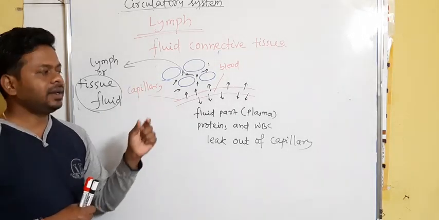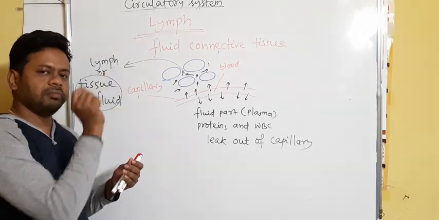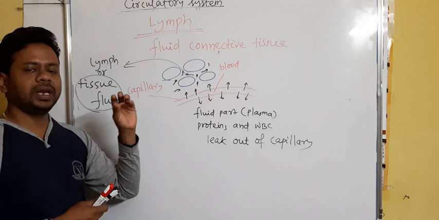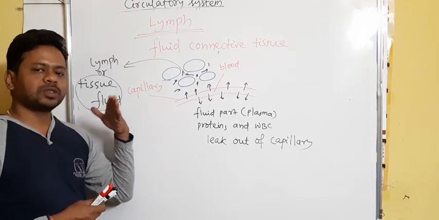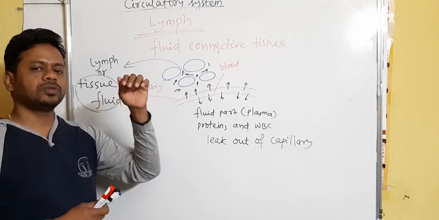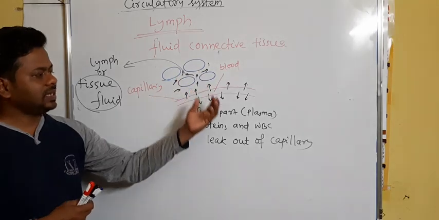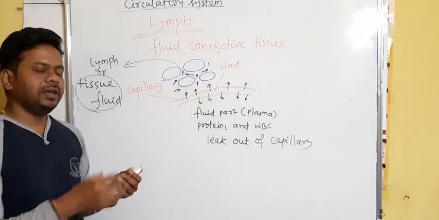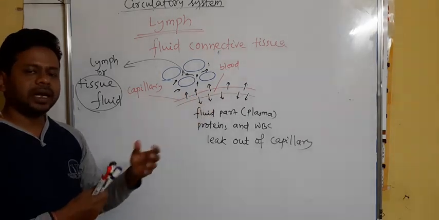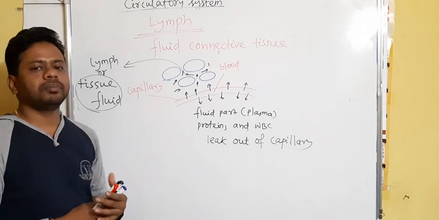The lymph vessels finally join with the vein. So the excess amount of lymph is collected, passes through the lymph vessel, and finally drains out into the vein. So this process continues. Lymph is produced from the blood, and then this lymph goes back to the blood.